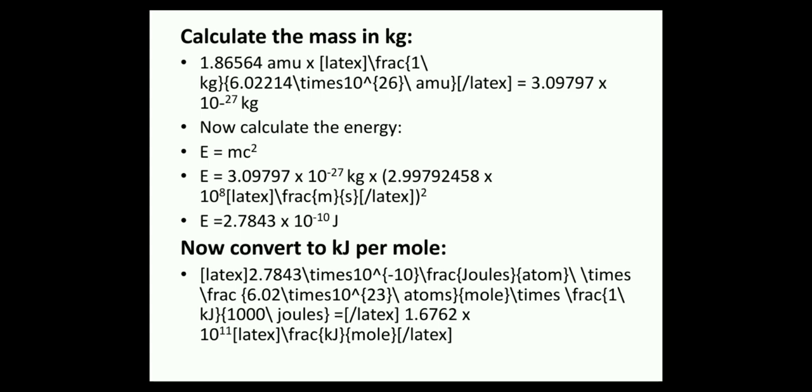Then we will be calculating the mass in kgs. After that, we calculate the energy by using E equals mc square. After E has been found in joules, if you want to find it in kilojoule per mole, we are going to convert it and find the answer.